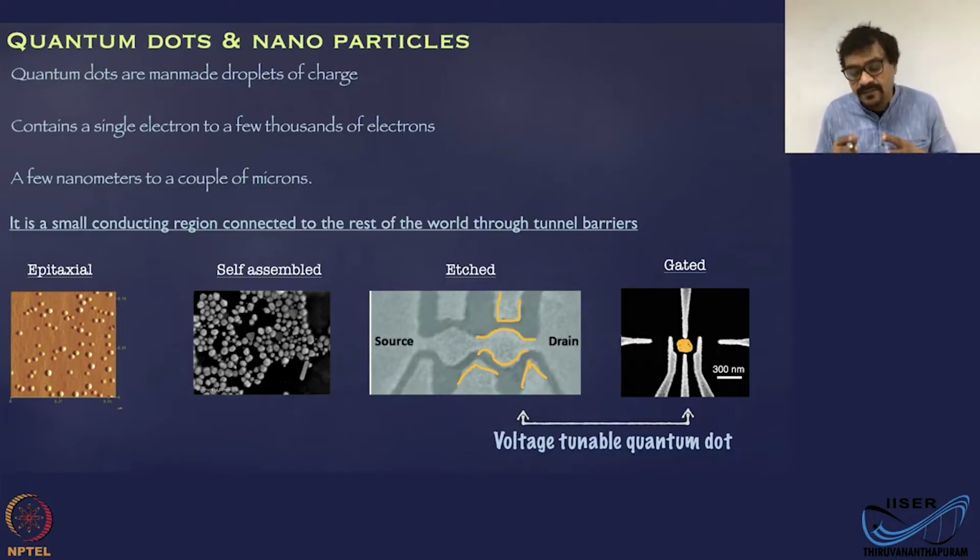Since this is a transport lecture and we are interested in electrical transport and devices utilizing quantum aspects, we will mostly be discussing quantum dots of this nature, because to run currents and voltages through the device, you need leads where you can apply voltages and take electrons out of or put electrons into the device.